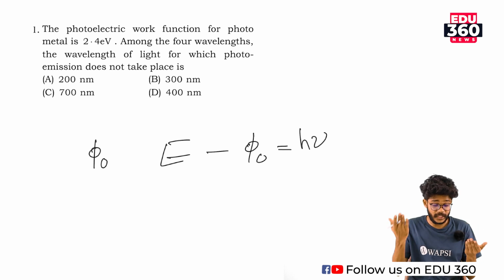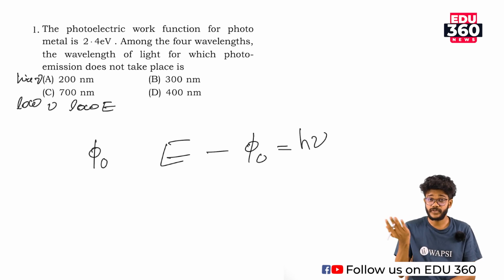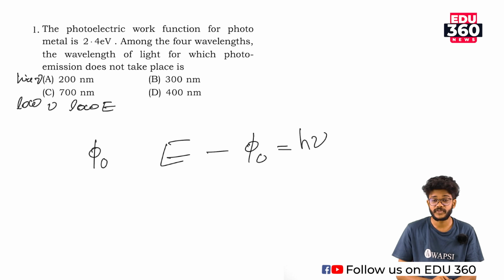By logic we can assume that 700 nanometer is the wavelength which will not give any emission, because it has low frequency, so low energy, and 200 has high frequency and high energy. So logically we can select option C as the correct answer.